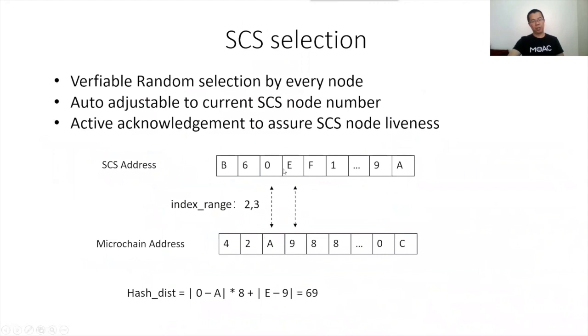So that's the way we select. We compare the address of a node and the microchain address, and we predefine an index. If those two addresses at index 2 or 3 are close, the node will be selected for this microchain. That's the concept.